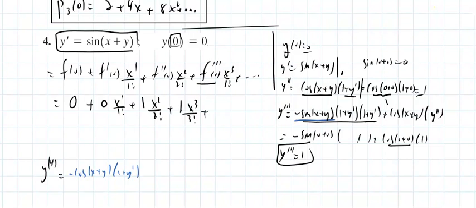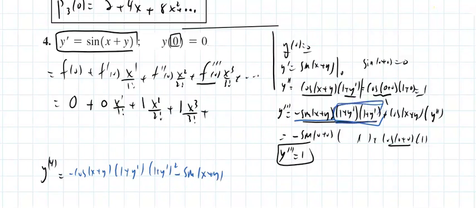times 1 plus y prime squared minus the sine of x plus y. Derivative of the first, nope, I missed it. Derivative of the first times the second. The second is 1 plus y prime squared plus the first times derivative of the second.